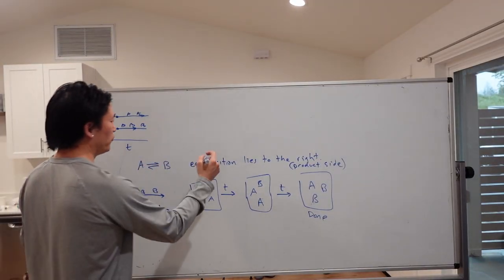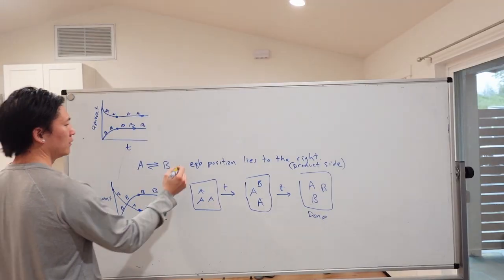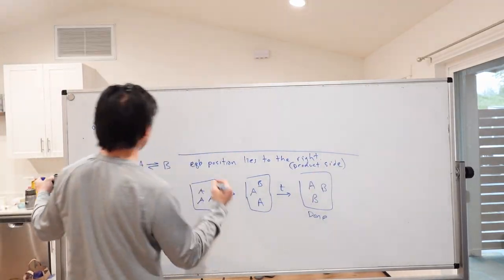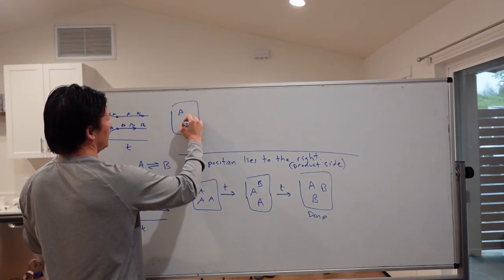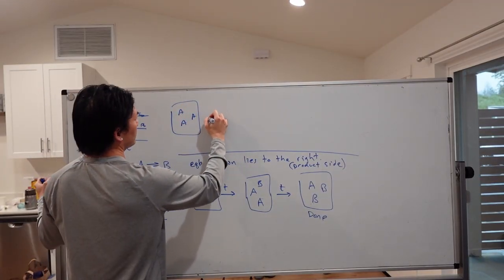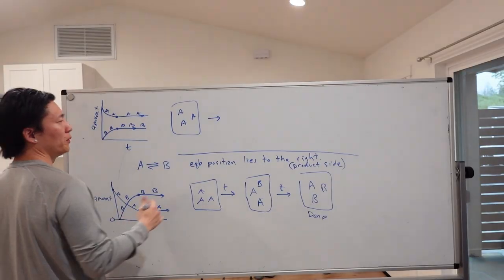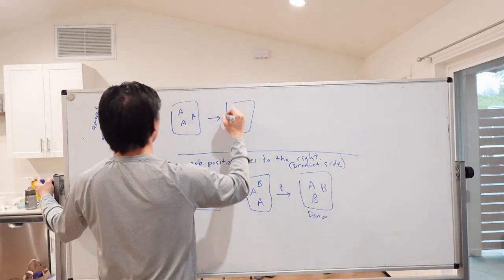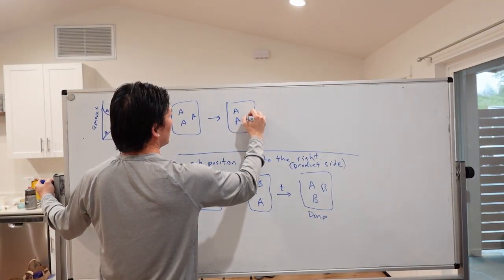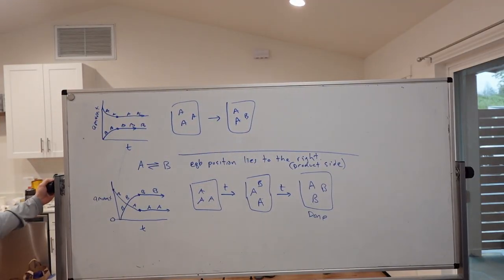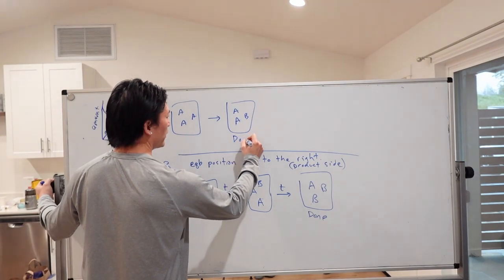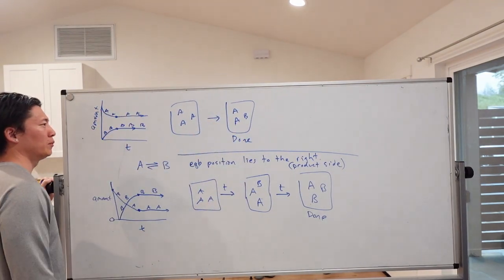So the picture looks a little bit different. Let's draw a visual to compare the two. The visual would be: we start off with a lot of A, no B's, and then this is at equilibrium. This is finished. The reaction is complete. Now you have 2 A's and 1 B only.